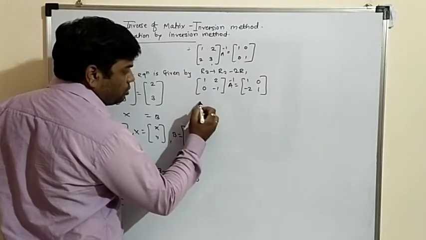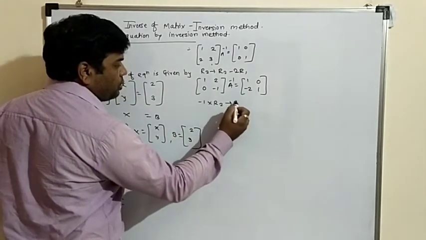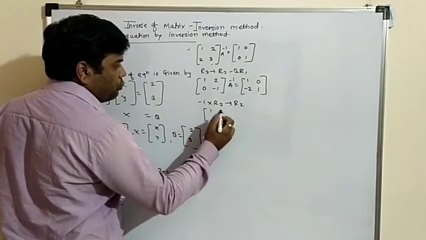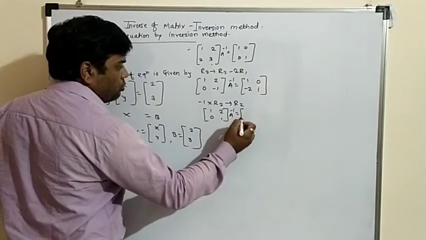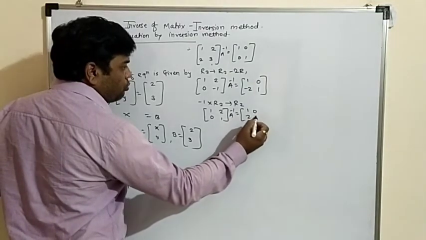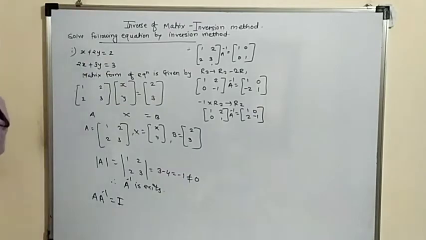Taking the negative sign, multiplying R2 by minus 1 and changing R2: 1, 2, 0, 1 and 1, 0, 2, minus 1.